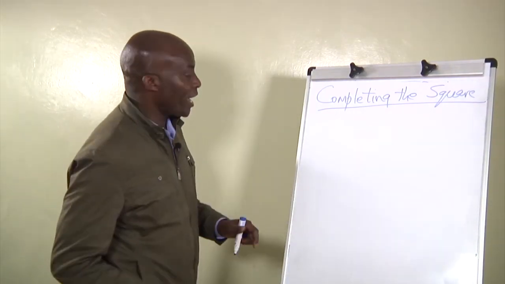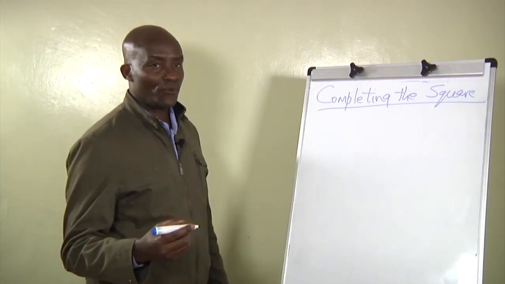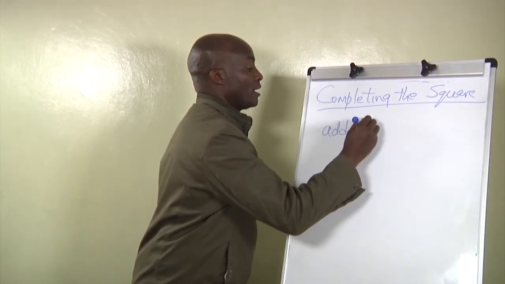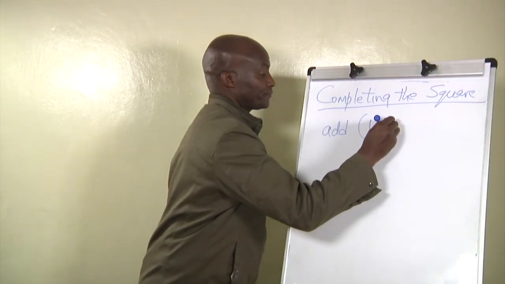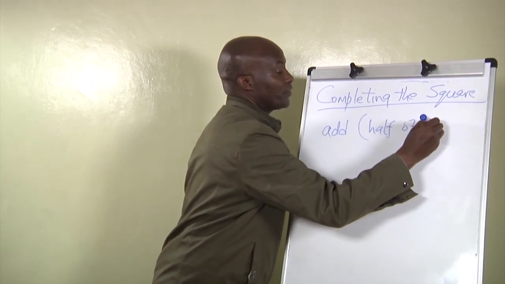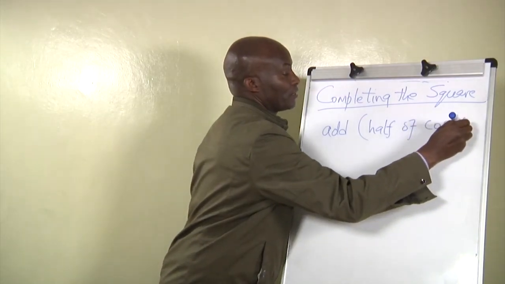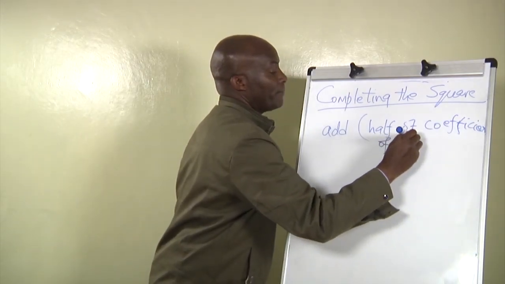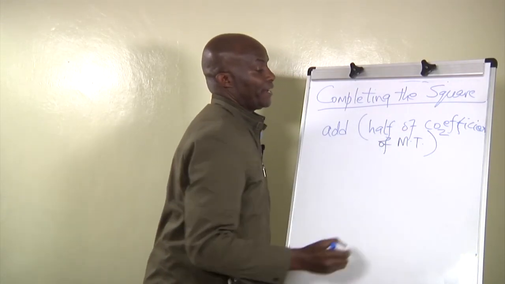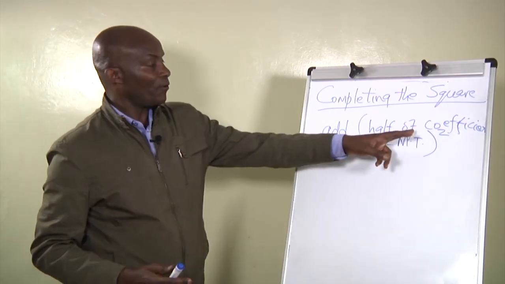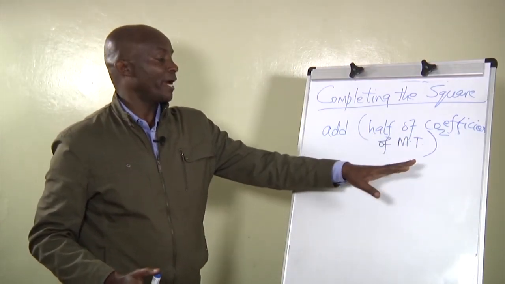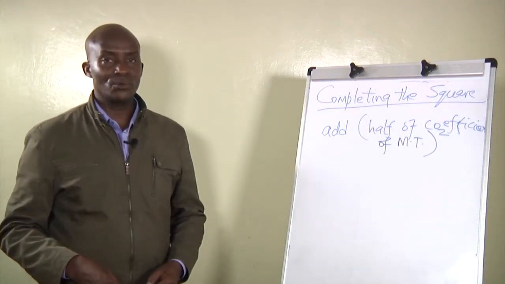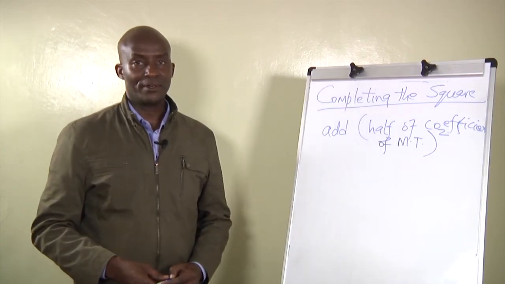To complete a square where the coefficient of the first term is 1, you add half of the coefficient of the middle term squared. By doing that, you have completed the square. That brings us to the end of this lesson. Thank you.